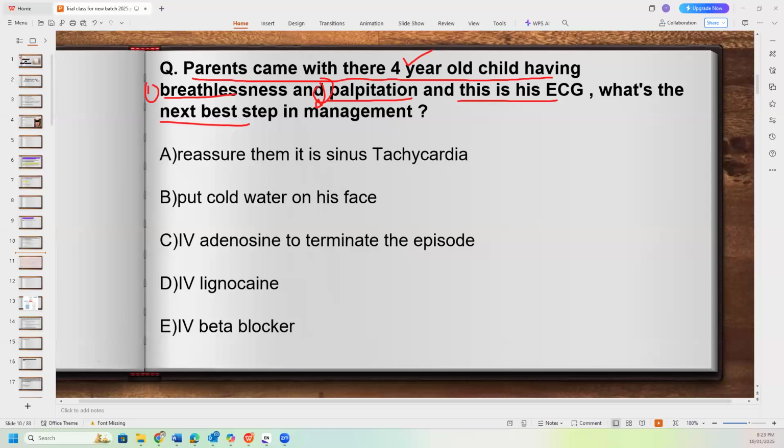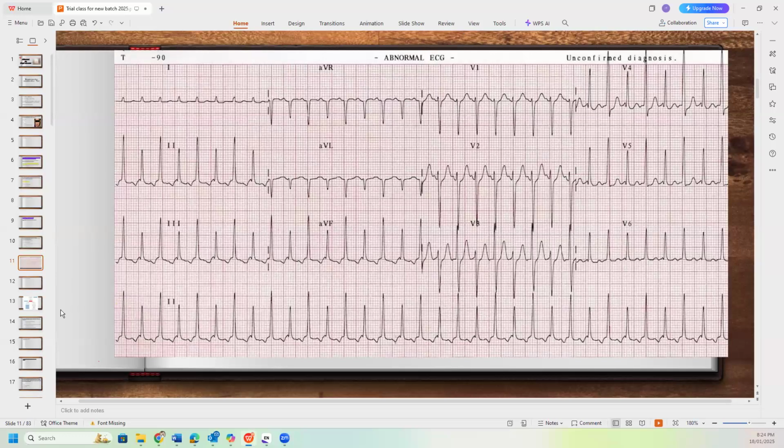So let me share with you the ECG of this question, and then we can come back to our options again. So this is the ECG of the 4-year-old child. Can anyone tell me what this ECG pertains to?